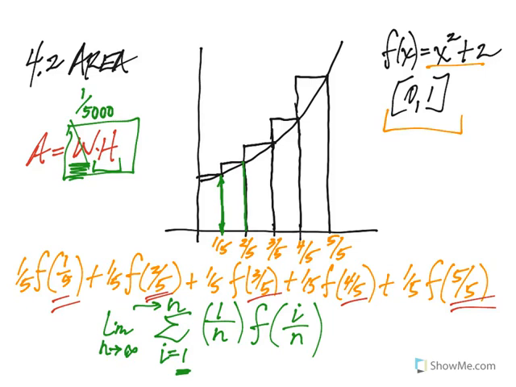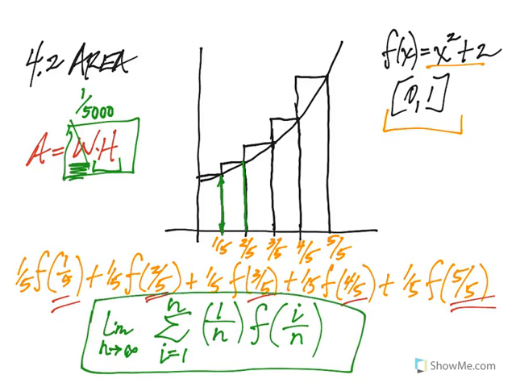And in this case, it's going to be hundreds of millions. So as i starts at 1, I will have f of 1 over n. Then i goes to 2, that's f of 2 over n. I go all the way up then to f of n over n, which is f of 1.